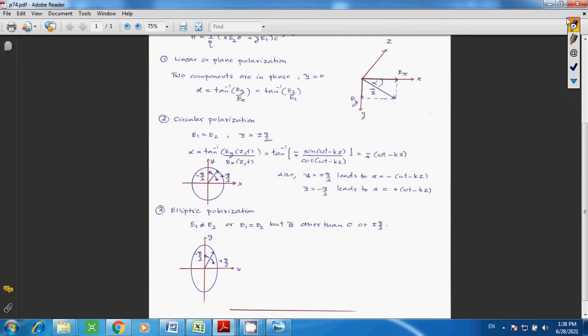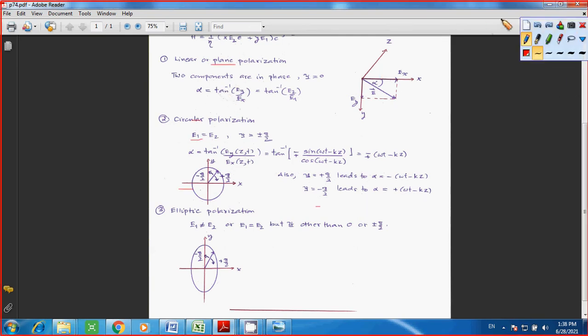Circular polarization: E1 equal to E2 and psi equal to plus or minus pi over 2. So your alpha equal to arctan EY over EX, and you end up with minus and plus (omega t minus kz).